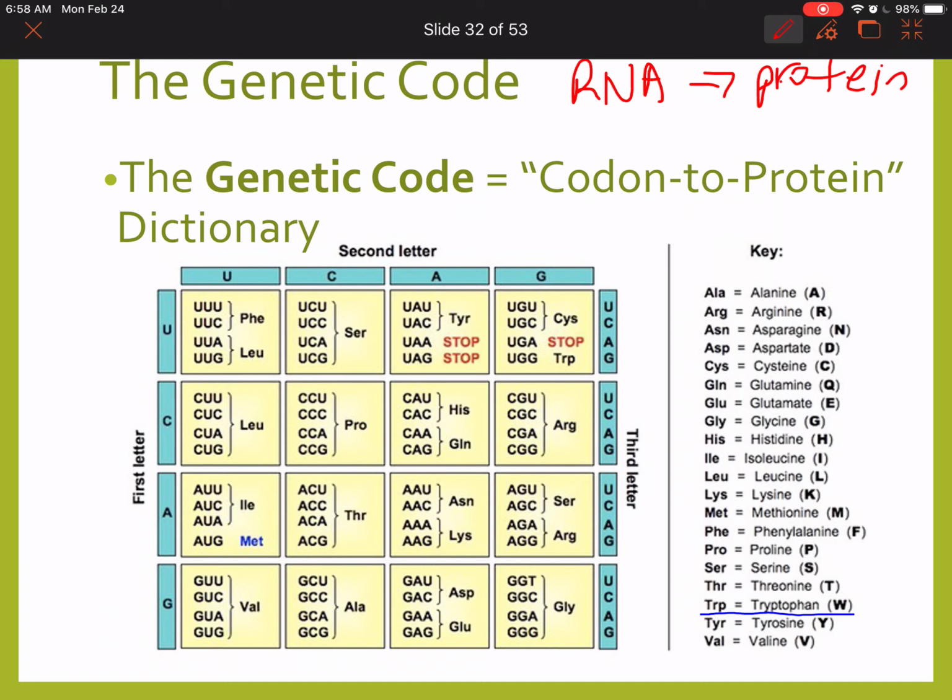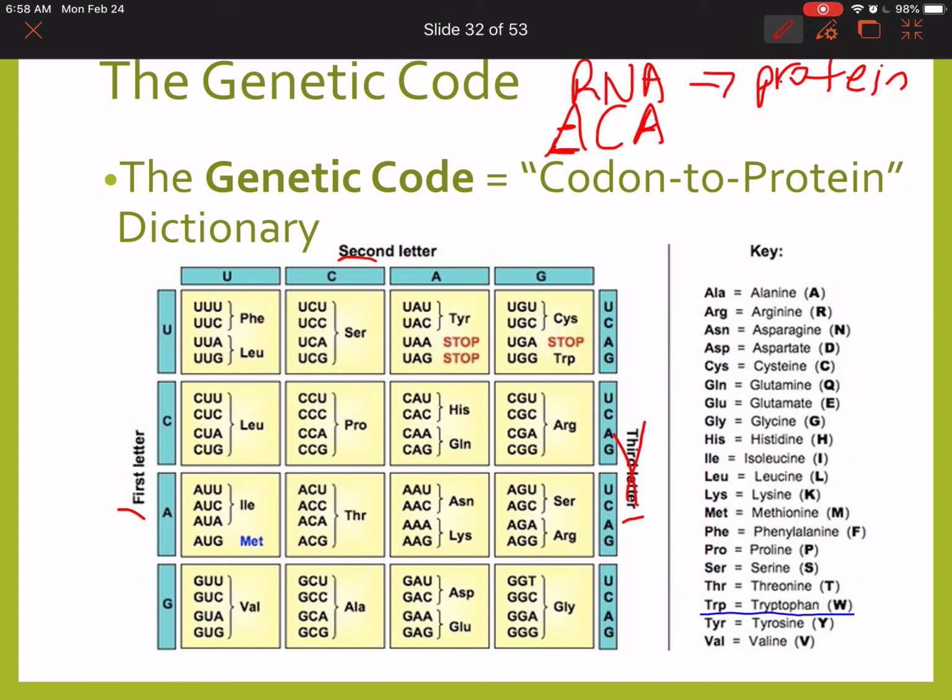For example, just to make up a codon, if our codon was ACA, all right? Notice how this thing is labeled. First letter, second letter, third letter, which you'll actually probably never use. Okay, first letter, second letter matter.